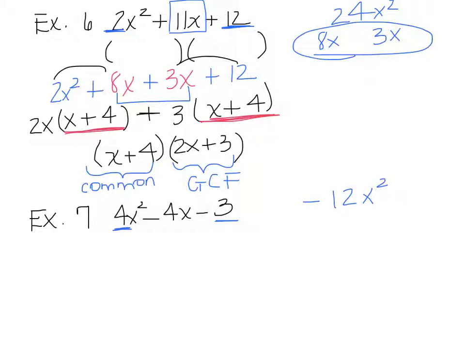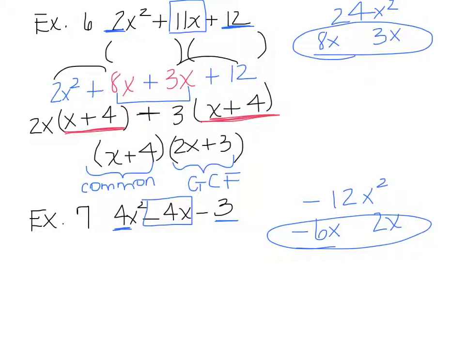One has to be positive, one has to be negative. So for 12, we can use negative 6x and positive 2x. Those will replace your negative 4x. So you'll write 4x squared minus 6x plus 2x minus 3.